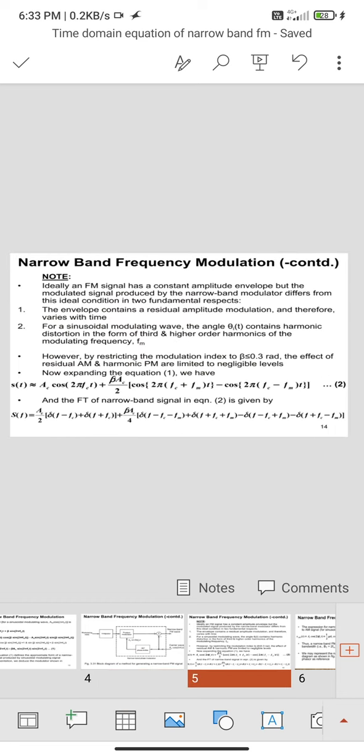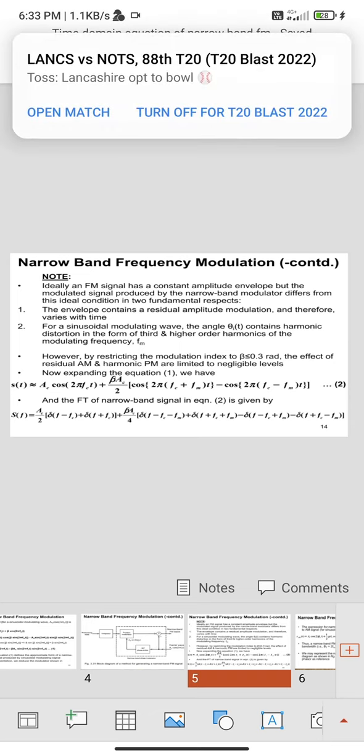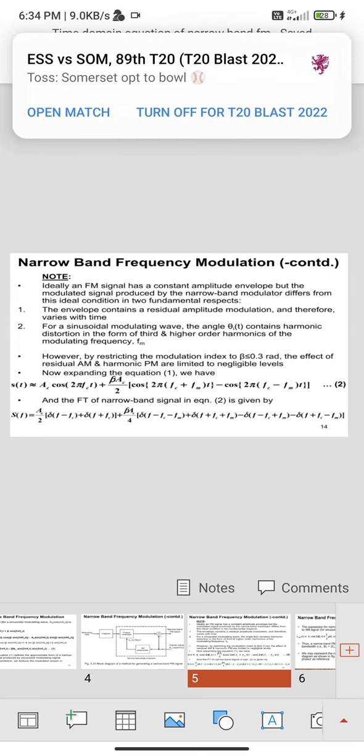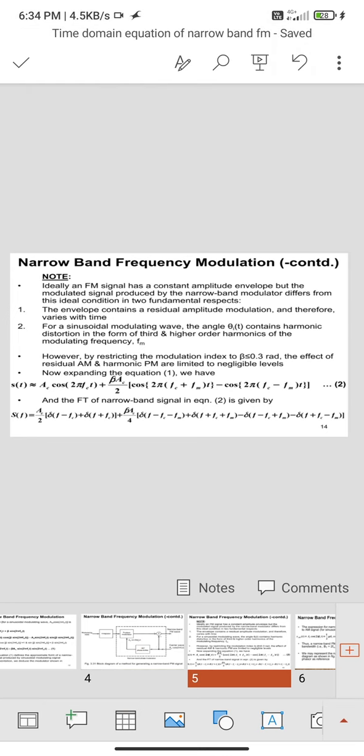Note: ideally, an FM signal has a constant amplitude envelope, but the signal produced by the narrowband modulator differs from this ideal condition in two fundamental respects. The envelope contains a residual amplitude modulation and therefore varies with time.